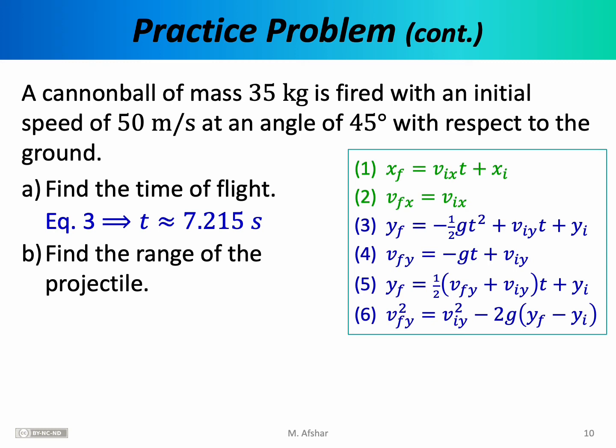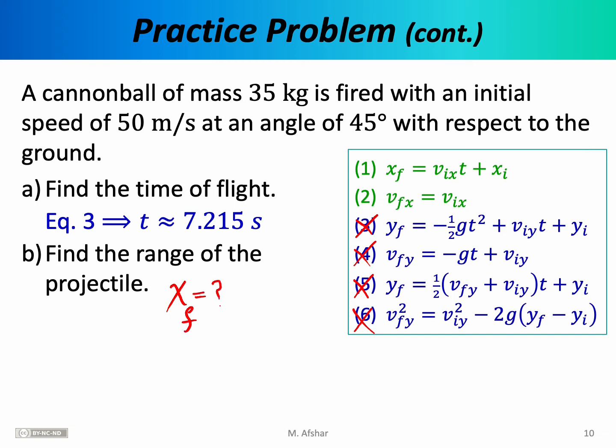In other words, we want to know how far the projectile goes horizontally. We want to essentially know what x final is for this projectile. So once again, we play the same game. We go through our list of equations to see which ones are suitable and which ones aren't. I can immediately tell you that equations 3, 4, 5, and 6 are not suitable for answering this question. What we're really interested in is essentially knowing what x final is.